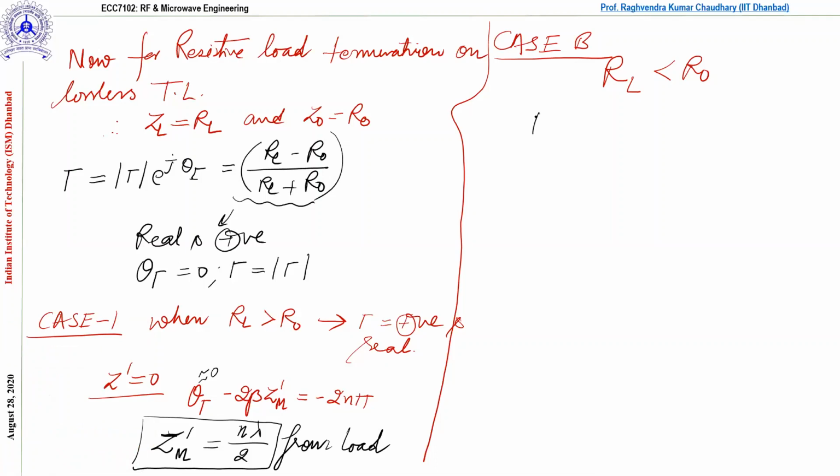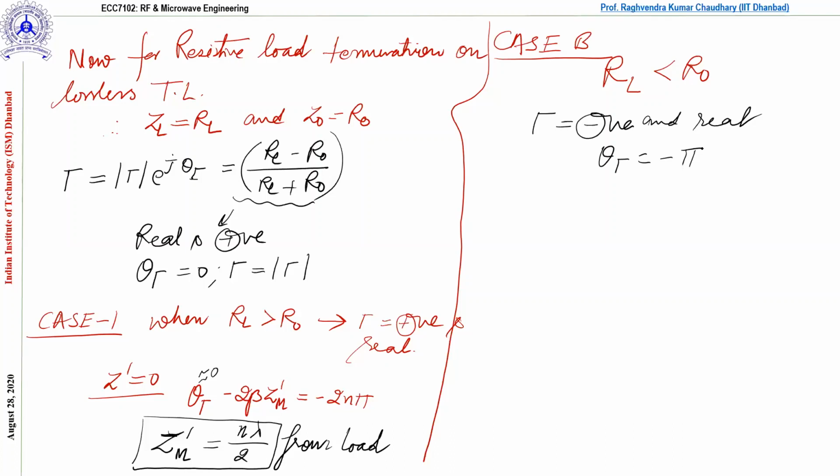So gamma, you can visualize, is negative and real. Being negative and real, the theta gamma value must be minus pi. If you put these in, you get that gamma is equal to minus mod of gamma. On that basis, I'm saying this is negative and real.